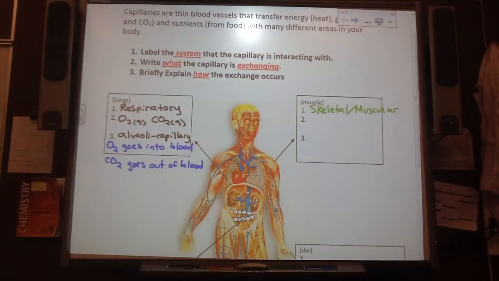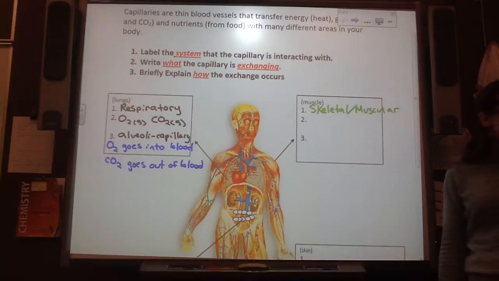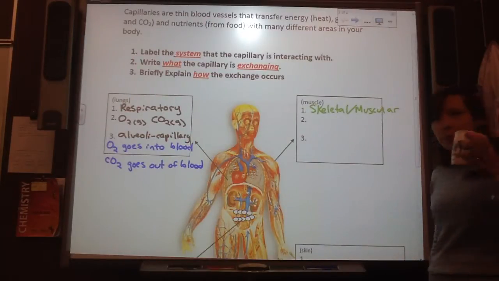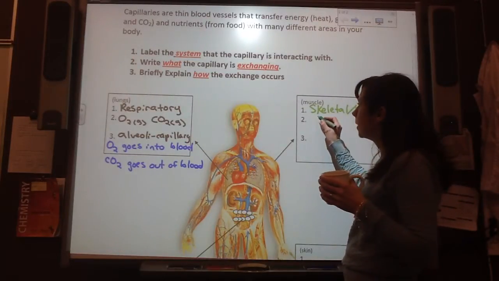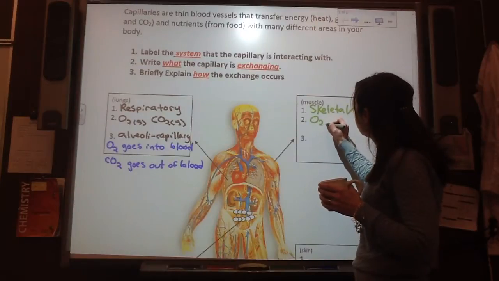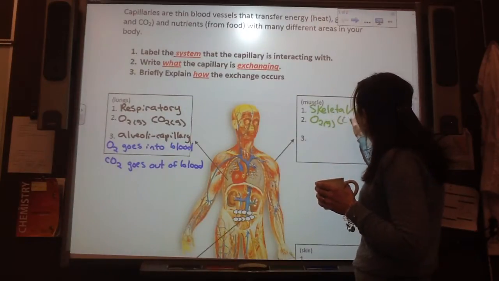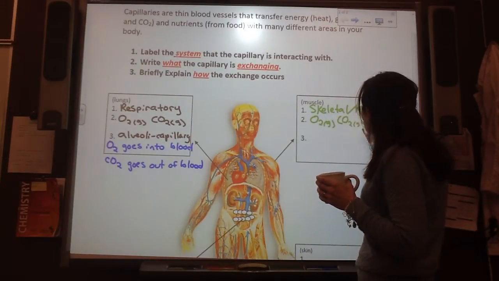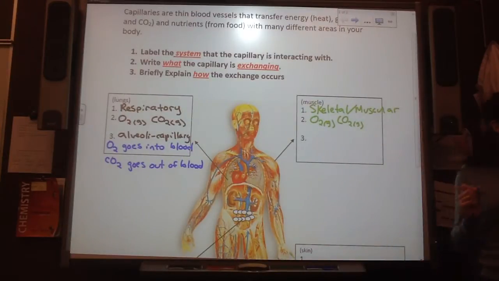So what is the capillary exchanging at the muscle? O2, CO2, nutrients. Yeah, probably. So we have our O2, we'll have our CO2, and then we will also need definitely a lot of glucose for cellular respiration.